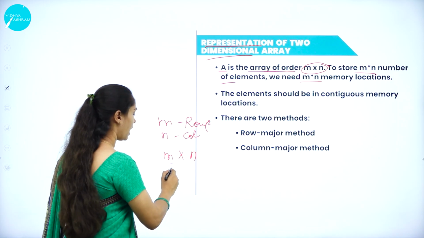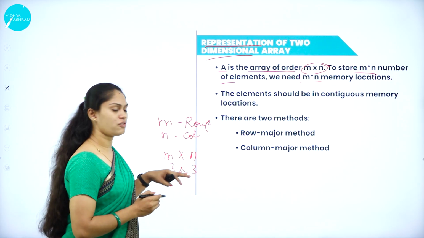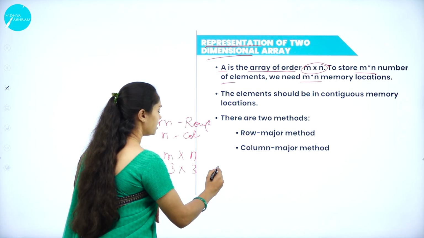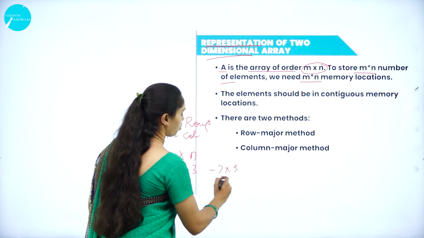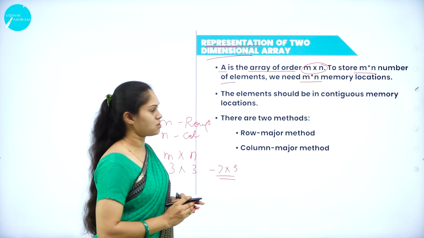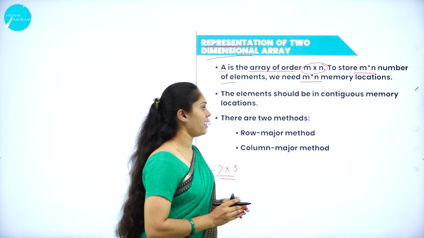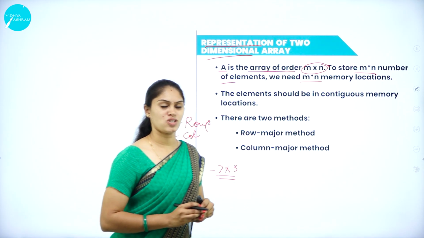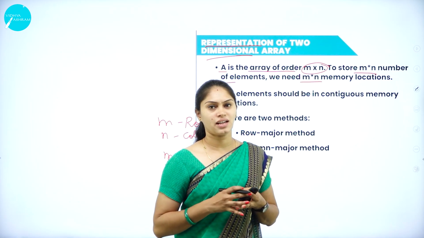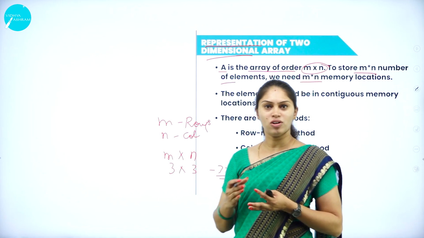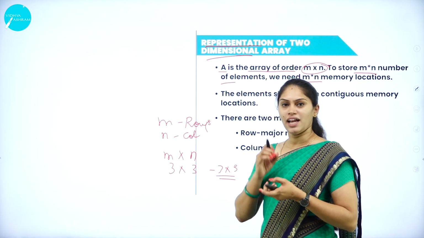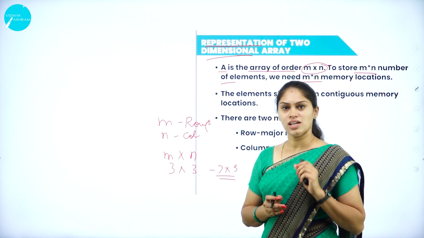For example, if I want to store 3 cross 3 number of elements, then I require 3 cross 3 storage space in the computer's memory. The elements should be in continuous memory locations. Anyway, it is a linear array, a linear type of data structure, so it has to be in continuous memory locations.